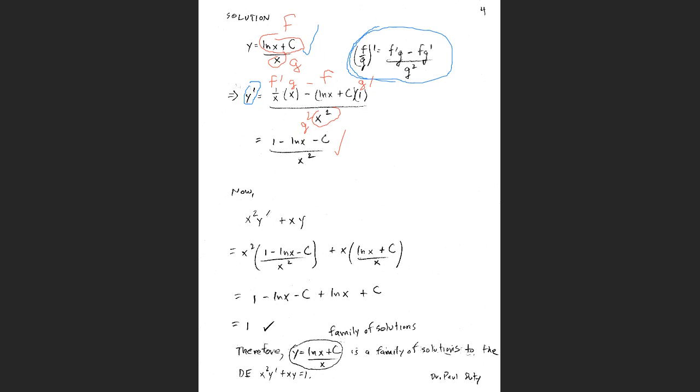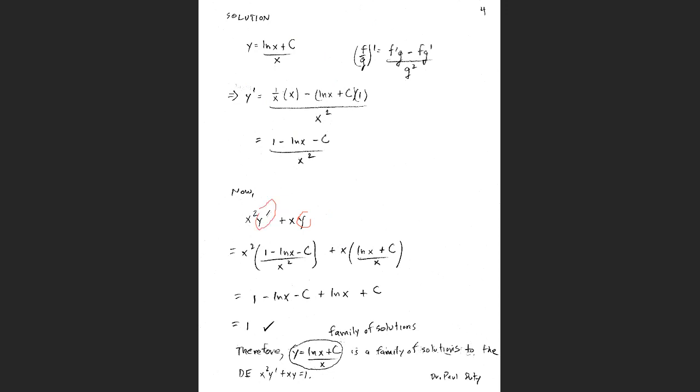That's my derivative. Now what I'm going to do is substitute that derivative in the left side of the differential equation. I'm not saying yet that this equals 1. I'm going to substitute in the y for the y and the y prime.